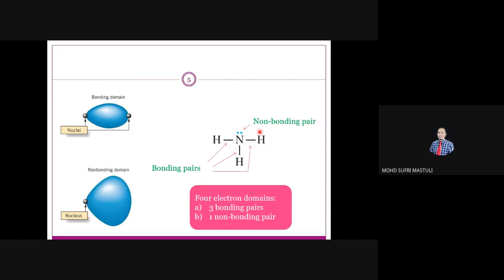So for this ammonia, we confirm this is the Lewis structure. It consists of 4 electron domains. The 4 electron domains is composed of 3 bonding pair of electrons, 1, 2, and 3. And 1 lone pair. It has 1 lone pair here.